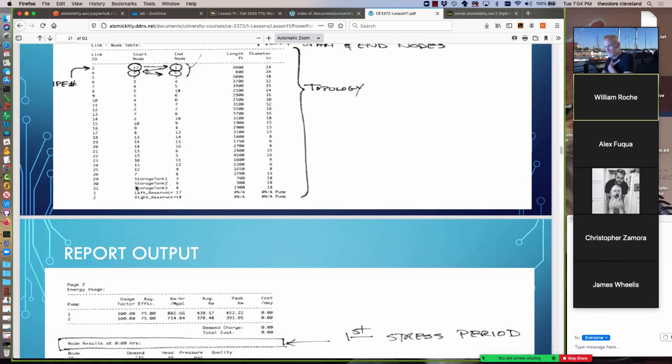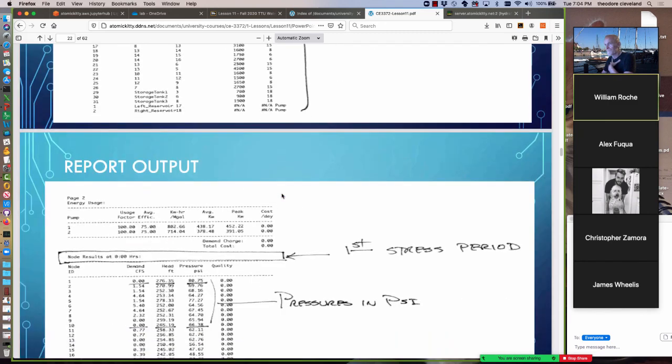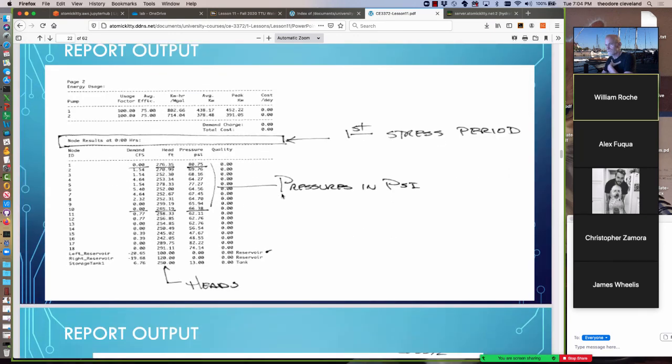It has the 3 storage tanks identified. It has the left and right reservoir identified, and it states here that these are connected into the system with a pump. And then when it does its reporting, it reports results by time block. So the nodal results at 0 hours are listed here.